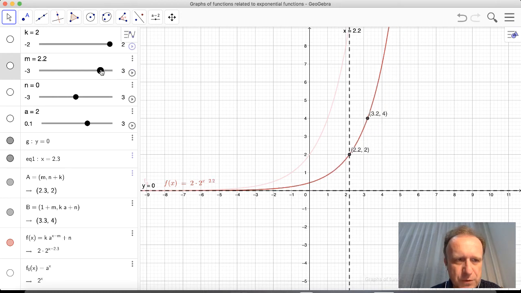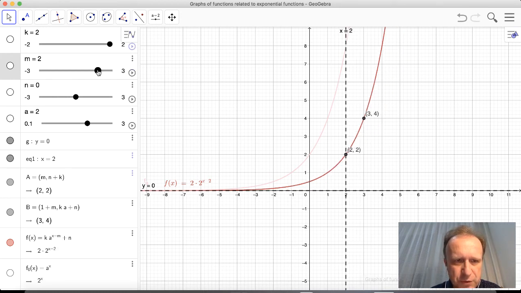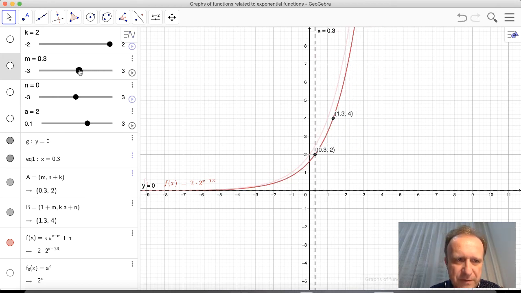When m is 2, the translation is just 2 units to the right. You can see 2 units to the right. This is the original position of this point, and now it has moved by 2 units. This was the original position of this point, and it has moved by 2 units, as you can see. So what happens when m is negative?